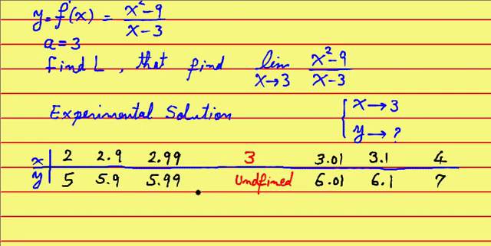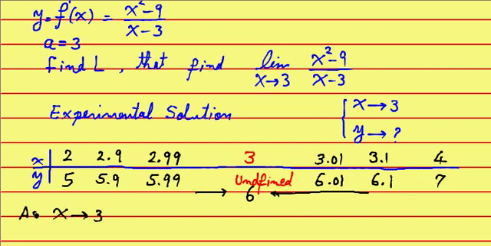So now we look at our outputs and try to discern any pattern. What is happening to our y's? As you see, the y's here are all approaching 6: 5, 5.9, 5.99, and so on, they are all approaching 6. This one is also approaching 6.